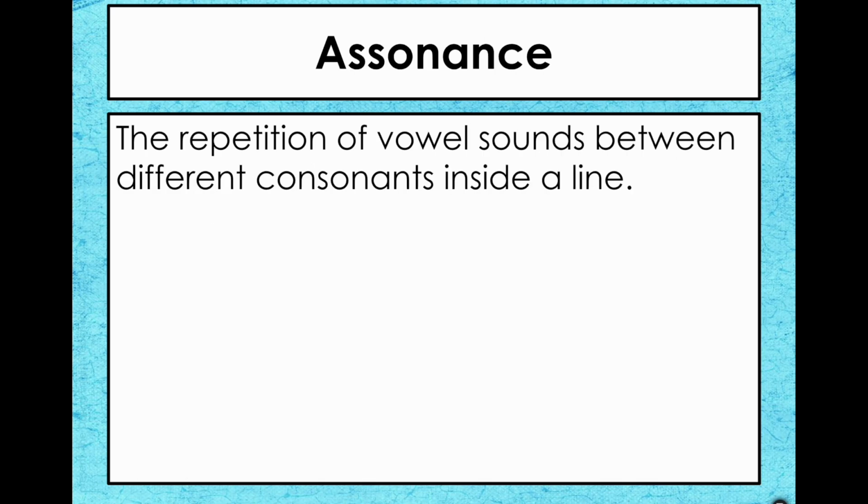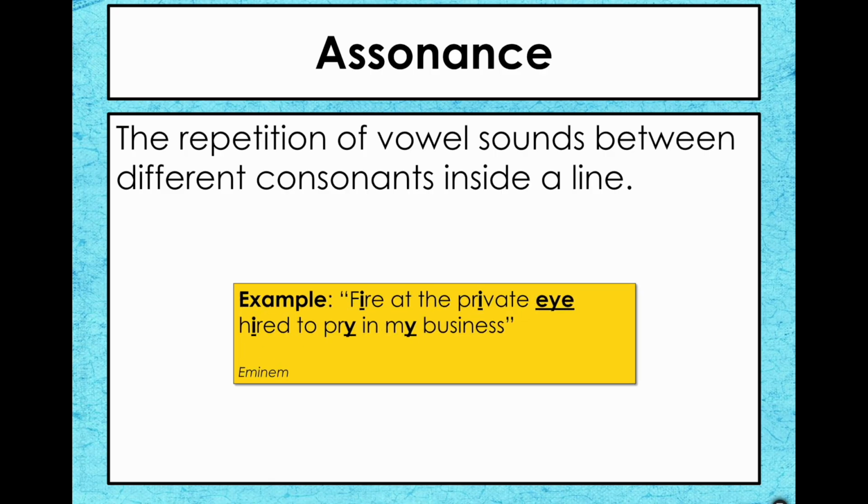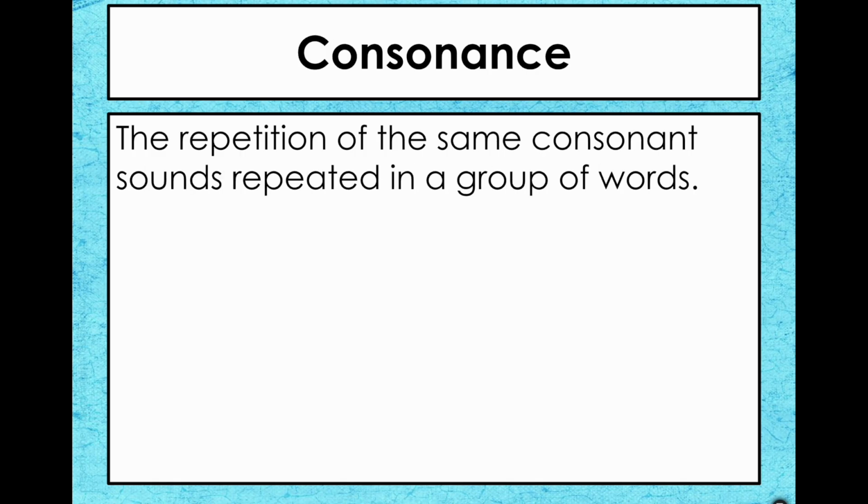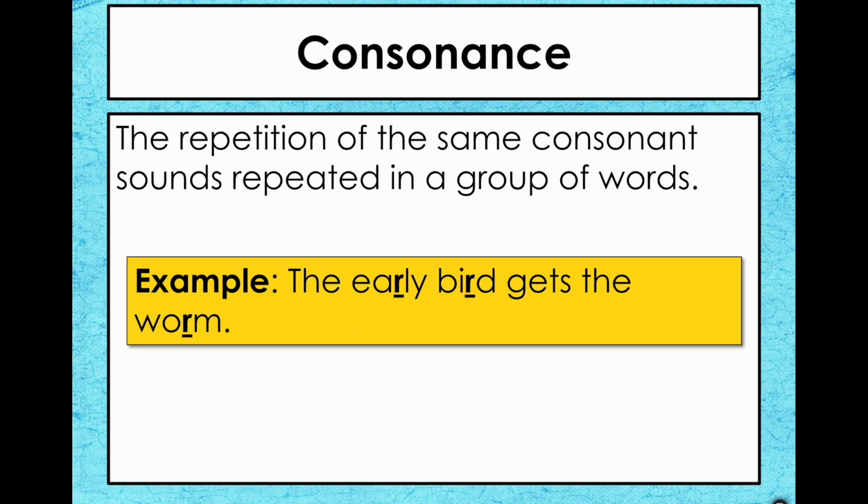That is alliteration. Assonance is the repetition of vowel sounds between different consonants inside a line. So we see this example of assonance from the famous poet Eminem. All right, consonance is the repetition of the same consonant sounds repeated in a group of words.